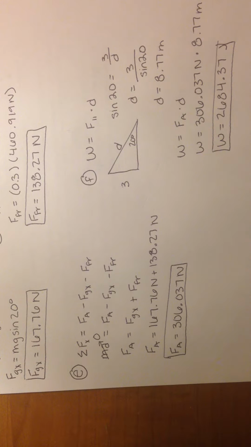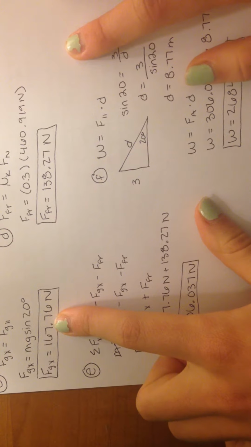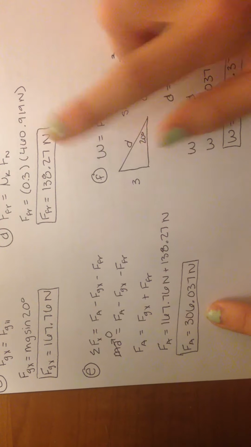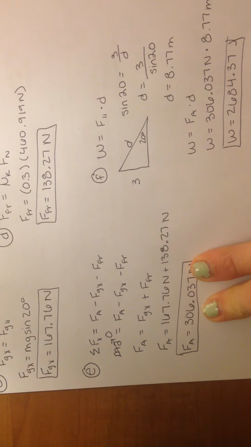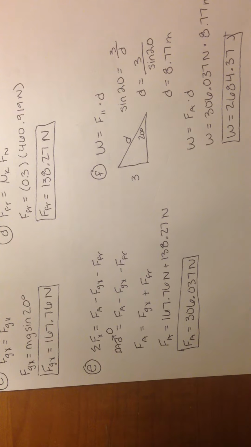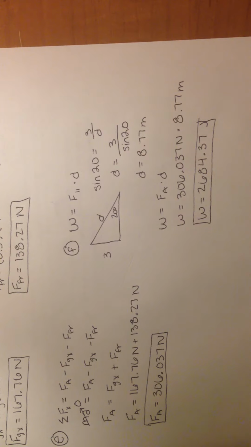Again, velocity is constant, so our acceleration is 0. So we can say that the applied force is equal to the x component of the gravitational force plus the frictional force. And we solved for the x component of the gravity force and the frictional force right here. So we just add these two numbers and plug it all in, and we'll get our applied force is equal to 306.037 newtons.